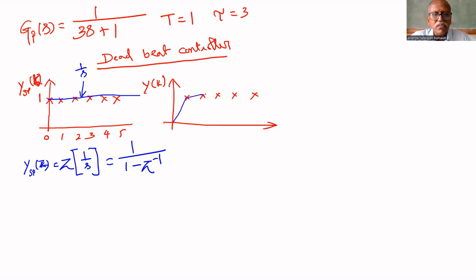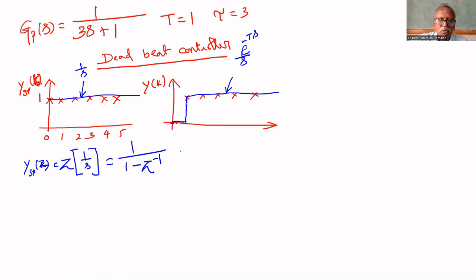This is the response in continuous domain. The response is like this, but let us assume it this way. In continuous domain, it is also 1 by s because it is a step signal, but delayed by one sampling period. That's why e power minus T s.